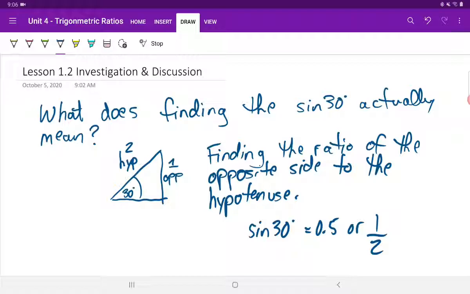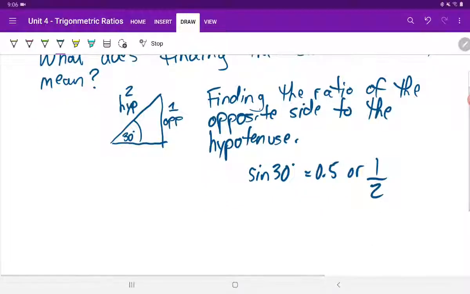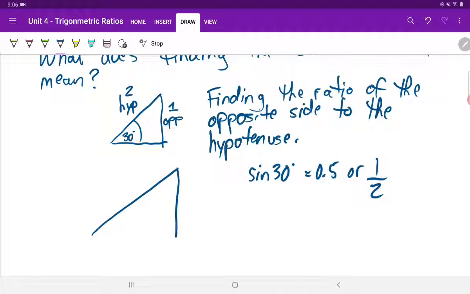So it doesn't matter that this is our base triangle of 1 to 2, but let's just say we had a much bigger triangle. Even if this measured, let's say, 5, so it was 5 times larger than that base triangle, then this hypotenuse side would be 10.